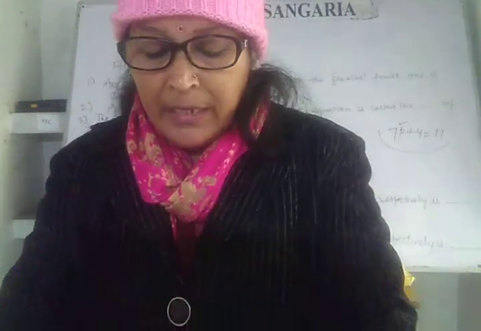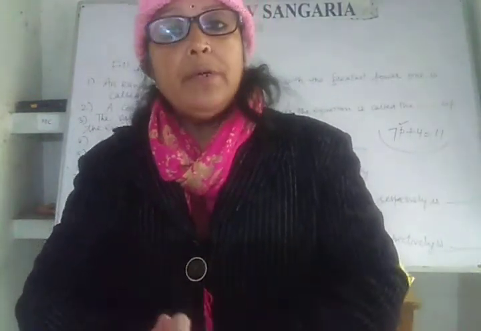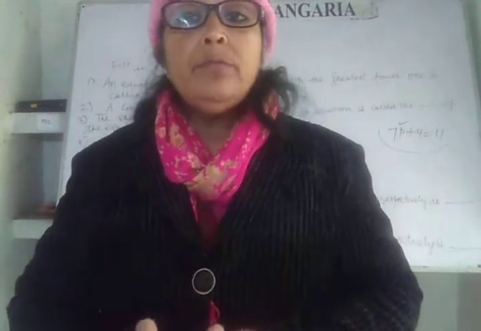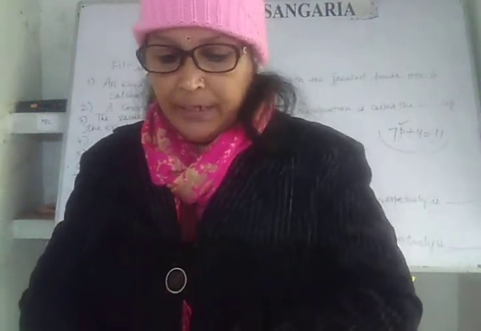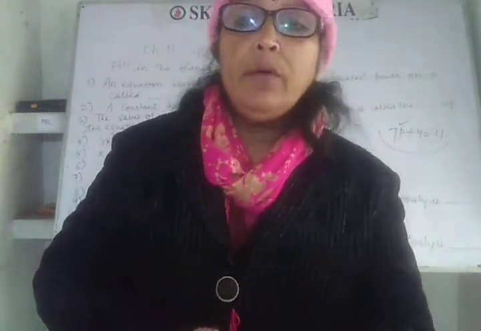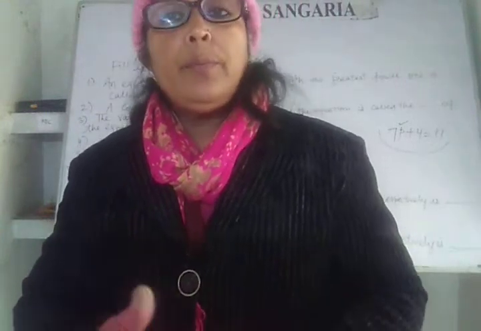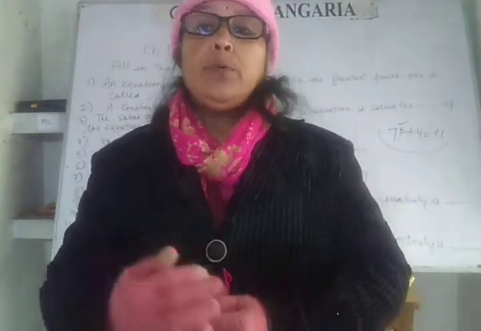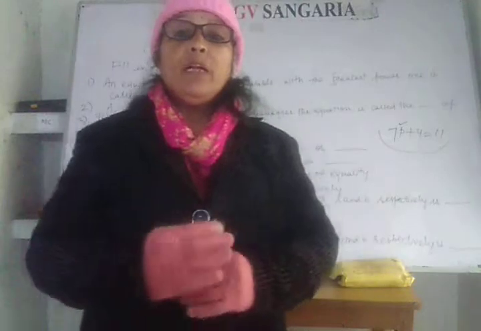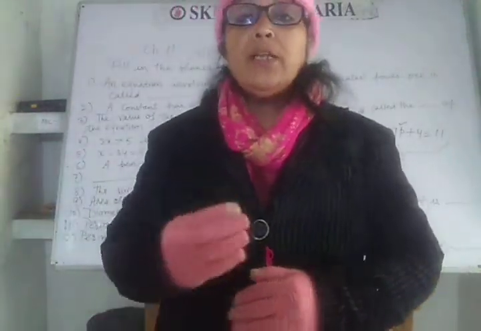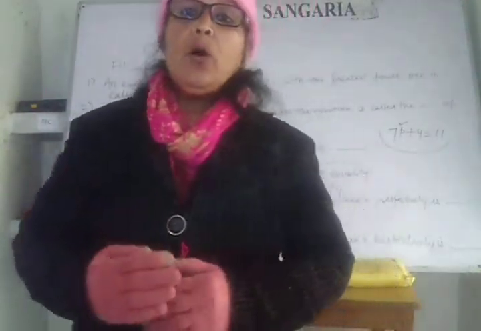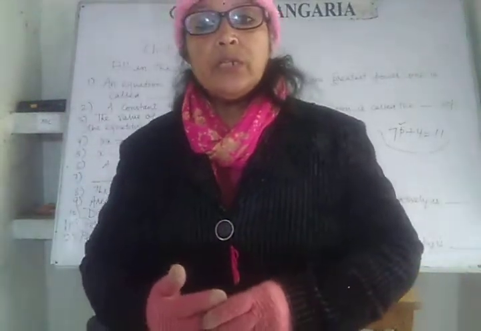Then, use of variables in common rules. In arithmetic we have studied properties of numbers such as the commutative property of addition and the commutative property of multiplication, then the distributive property of multiplication over addition, and the distributive property of multiplication over subtraction.